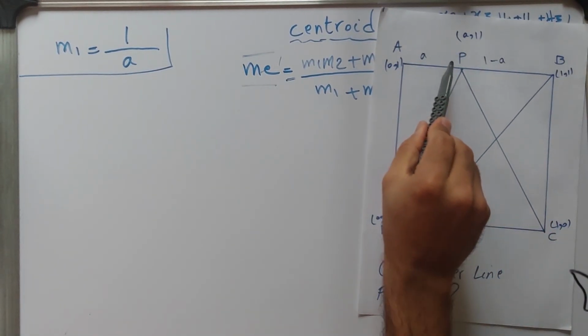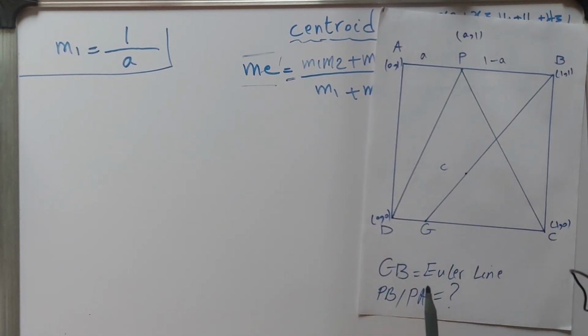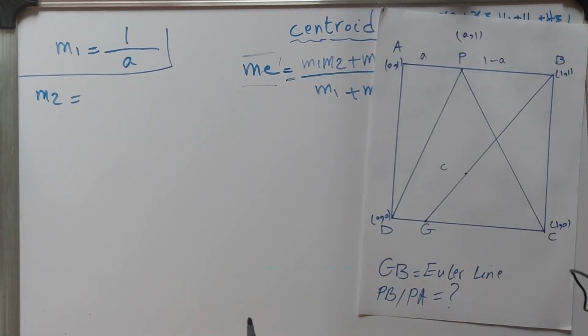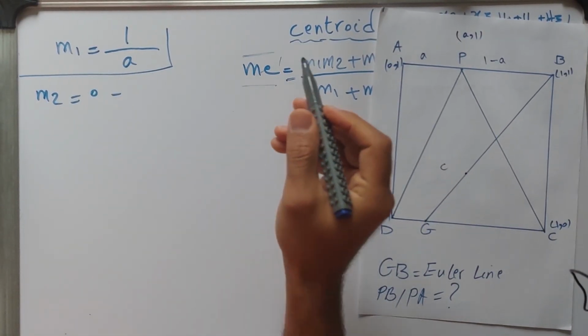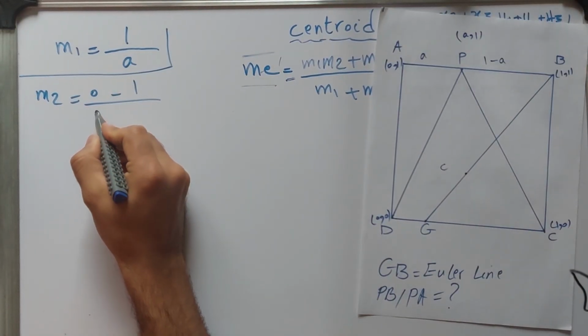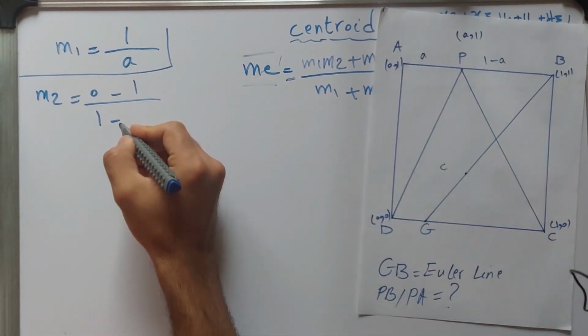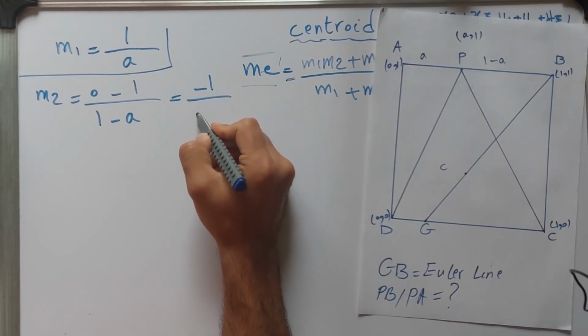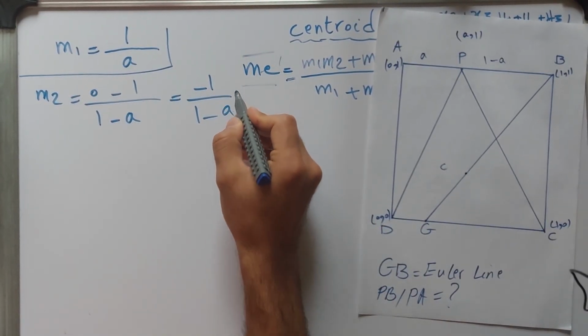Another one, let's go for PC, the second side of the triangle. So m sub 2 would be y sub 2, which is 0, minus y sub 1, which is 1, over x sub 2, which is 1, minus x sub 1, which is a. So in other words, minus 1 over 1 minus a.